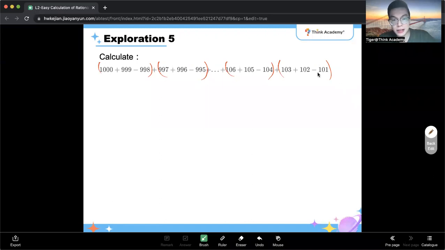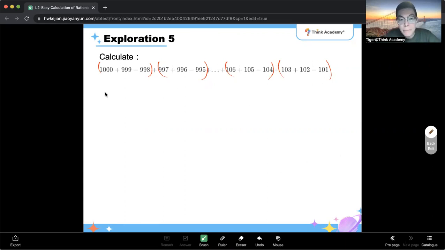But back to this question, because the last term is a subtraction or a minus term, it means that it's going to be complete groups, right? It's going to be complete groups. So how many groups are there from 1,000 to 101? How many groups are there in total? 300. Yeah, that's right.